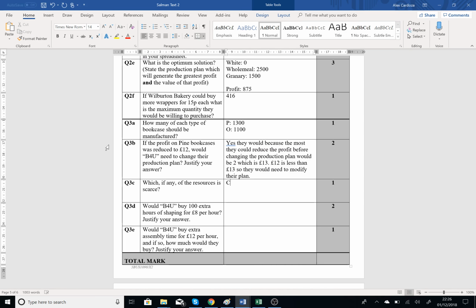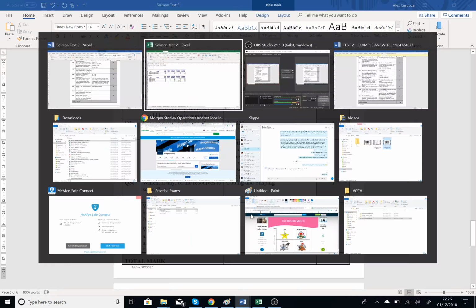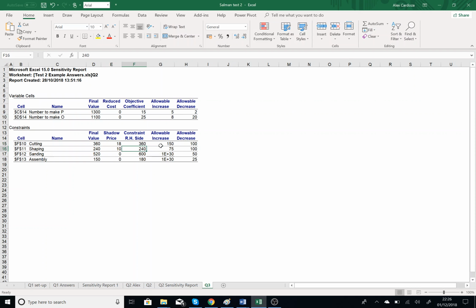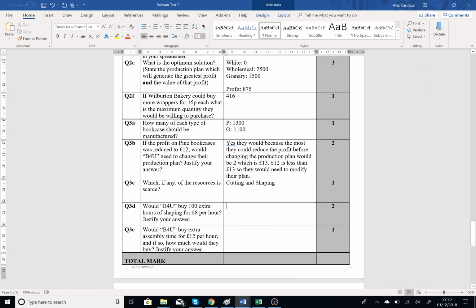So, would it be worth it for B4U to buy 100 extra hours of shaping? Well, you can't say that, because the allowable increase is only 75, so it's not possible to say whether they would be able to, because it's only a maximum of 75, so you can't say. I mean, the shadow price is less, so the £8 is less than that, so it's yes in that instance, but the allowable increase is only 75, therefore it's not possible to answer it.